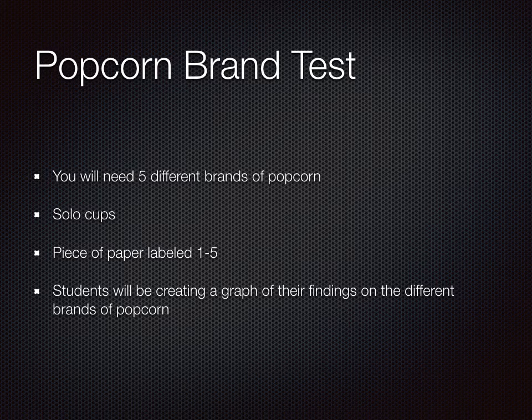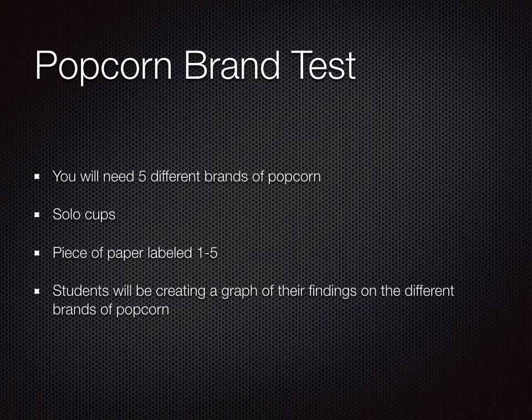So number 1 was Orville Redenbacher. We had 5 kids that guessed that and 10 that guessed a different one. So we created a bar graph based on our findings of what the students had.